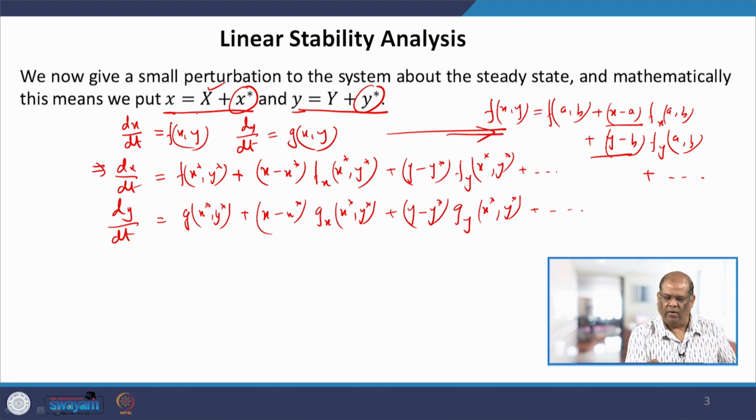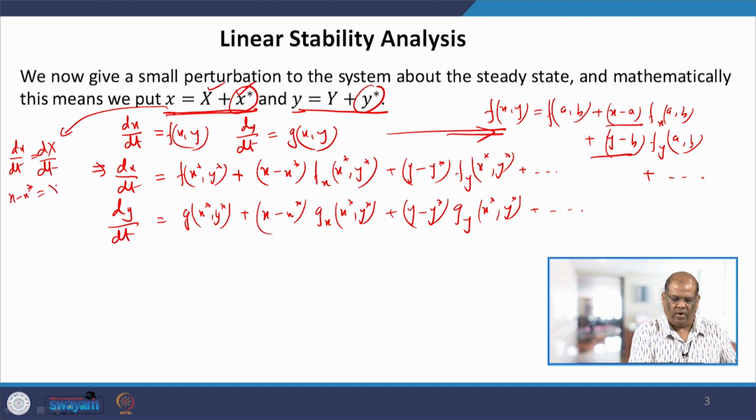From here you can see that if I differentiate x, it will be dX/dt, as x* is a constant, and I can also replace x minus x* equal to capital X. If I substitute here, dx/dt will be dX/dt.